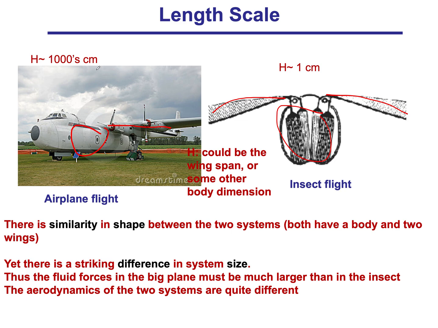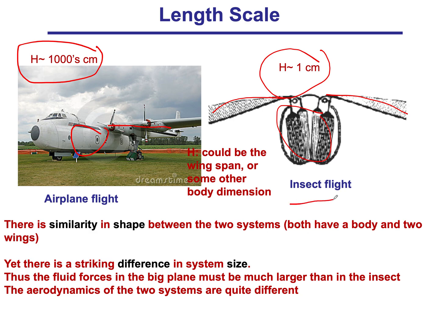But once I tell you the fact that the length scale of this aircraft is on the order of tens of meters, maybe 10, 20, 30 meters, so it's on the order of thousands of centimeters, while the insect is on the order of a centimeter, 1, 2, 3, 4, 5 centimeters in length, then that changes the whole picture on how I would expect these systems to behave from a fluid mechanics point of view.